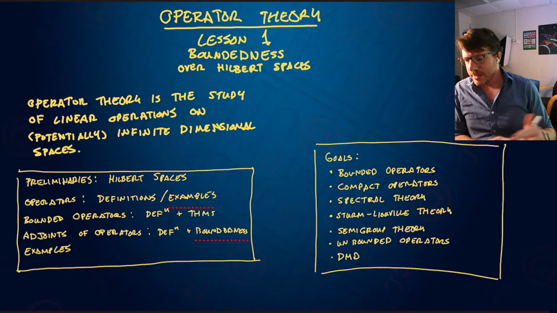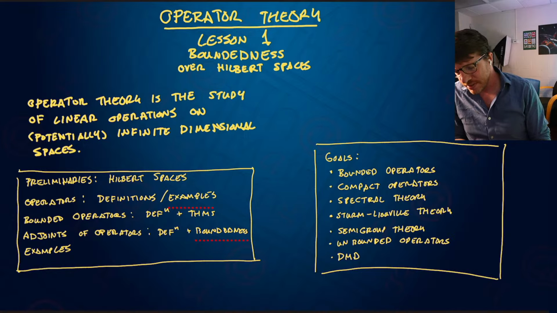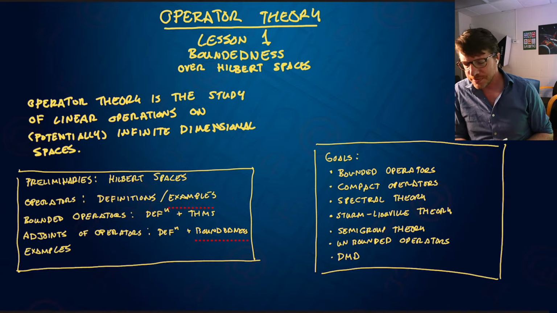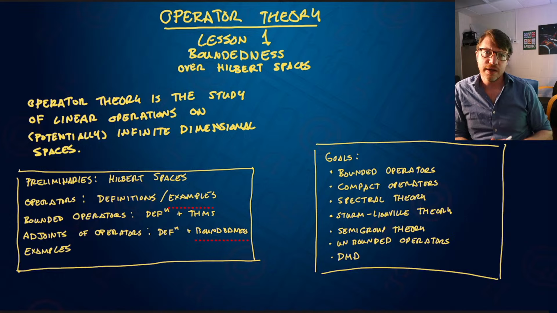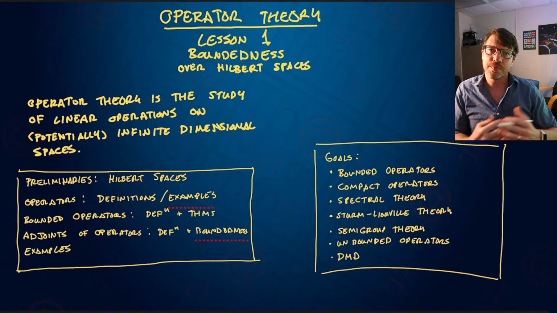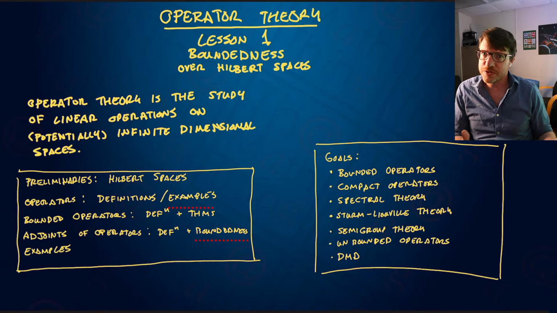So let's see. Then we'll just go through definitions of a linear operator over a Hilbert space. And honestly, these definitions can often be extended to normed vector spaces or Banach spaces or even topological vector spaces.